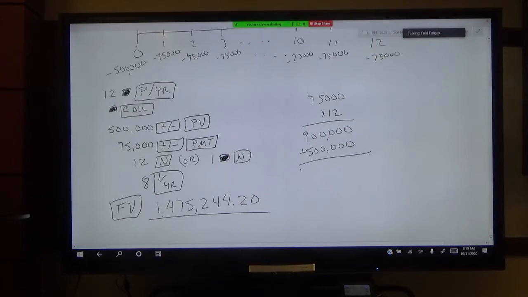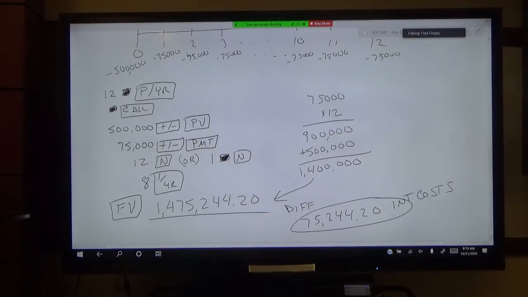So that is going to be 1,400,000. So the difference between those two, basically $75,244.20, is what? Interest. Our interest cost. Okay?